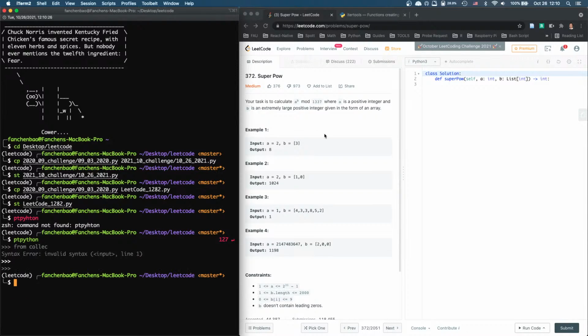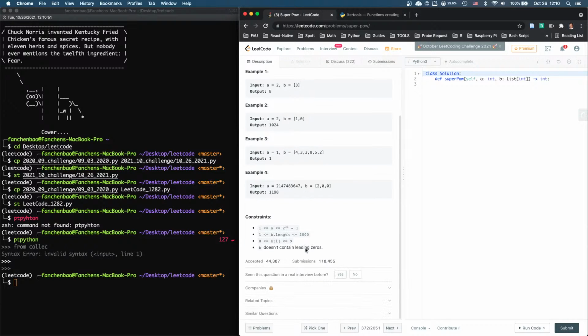What do we have? Your task is to calculate a to the b mod 1337, where a is a positive integer and b is an extremely large positive integer, given in the form of an array. B doesn't contain leading zeros.